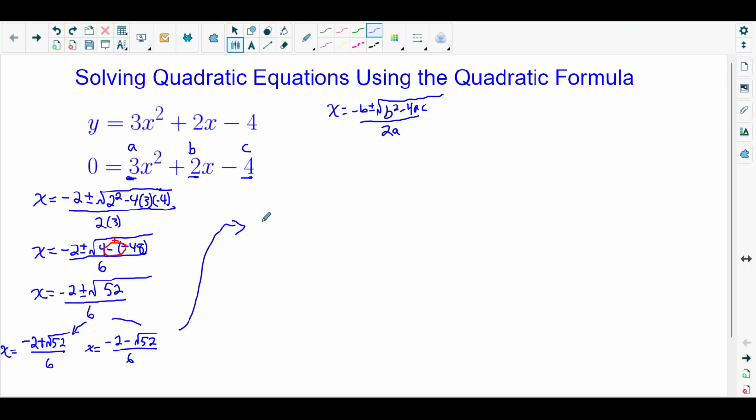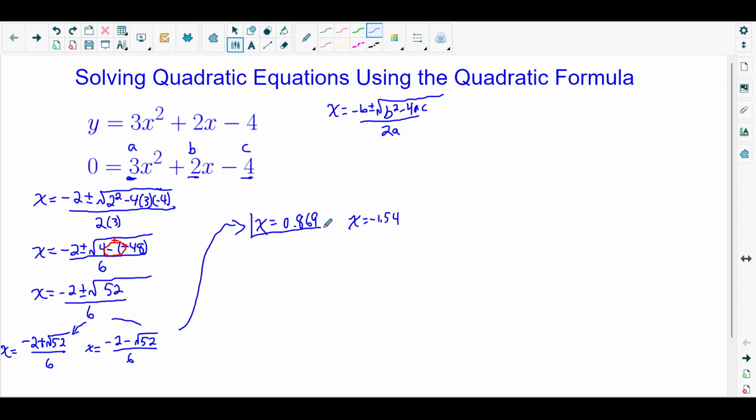And when I do that, I get x equals 0.869. For the second value, I'm going to type in negative 2 minus the square root of 52, press the equal sign again, and then divide all of that by 6, and we get negative 1.54.